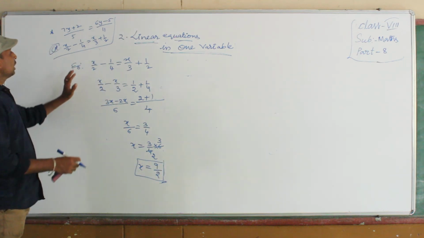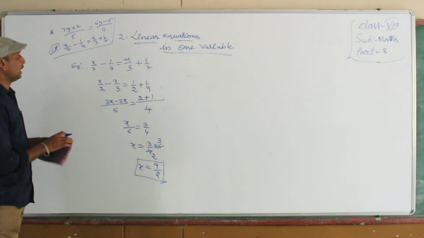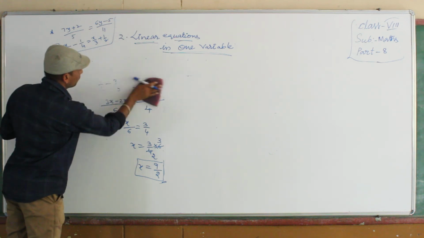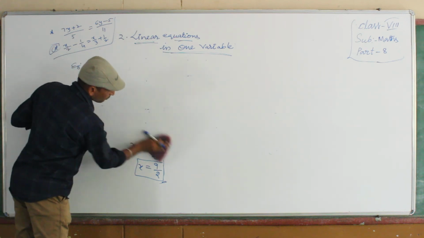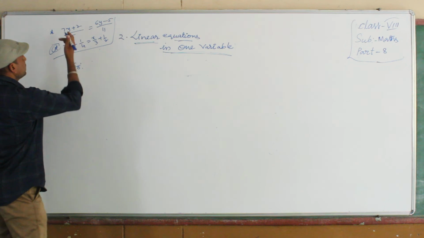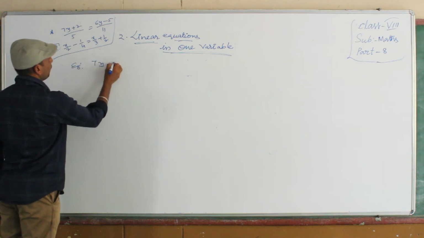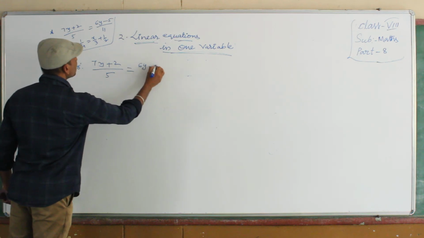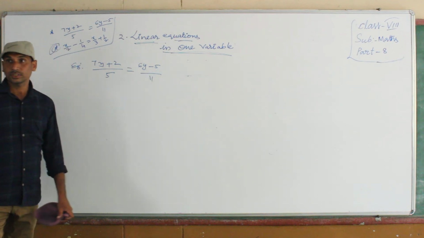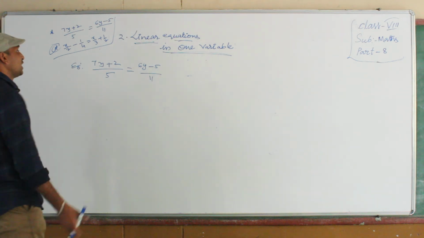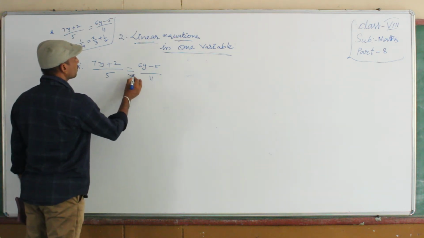Next we will discuss one more example, a different problem: 7y plus 2 by 5 is equal to 6y minus 5 by 11. When the given problem is in fractional form, first we have to do cross multiplication.